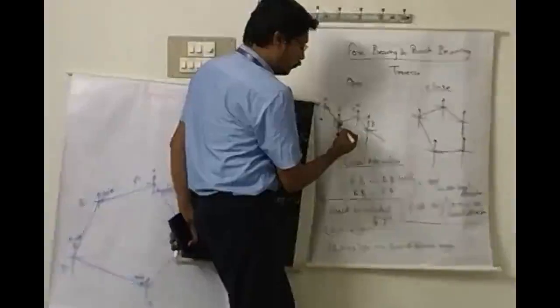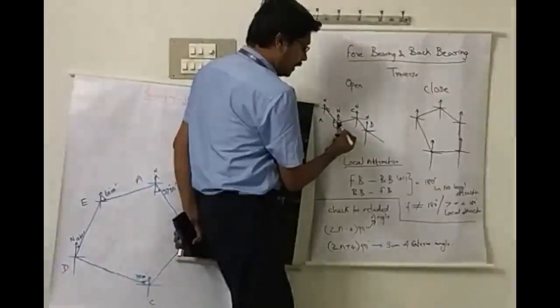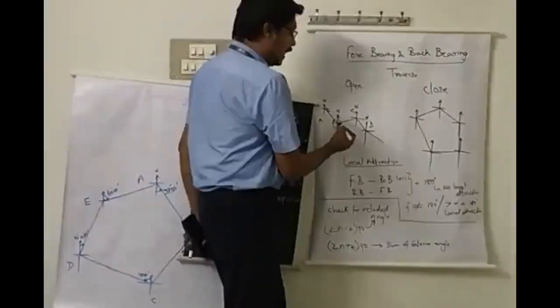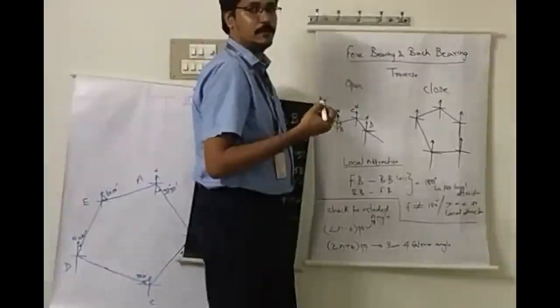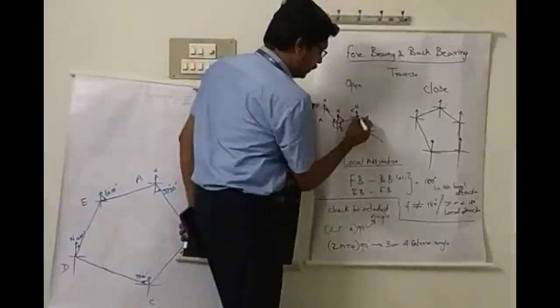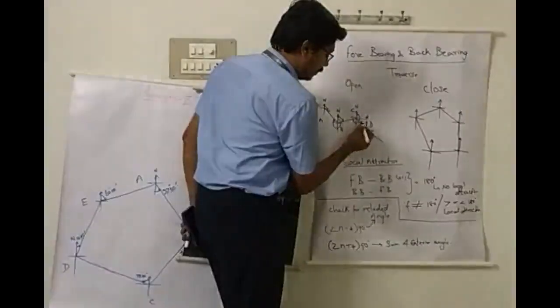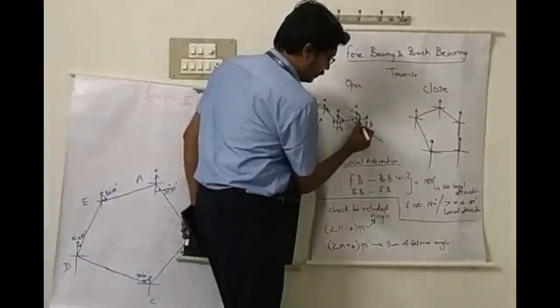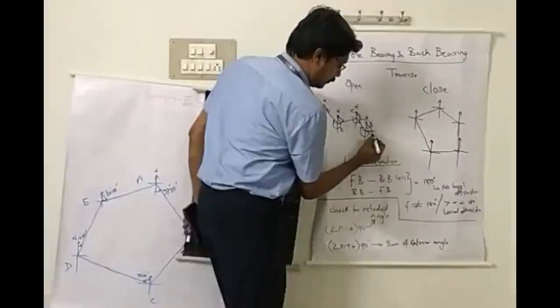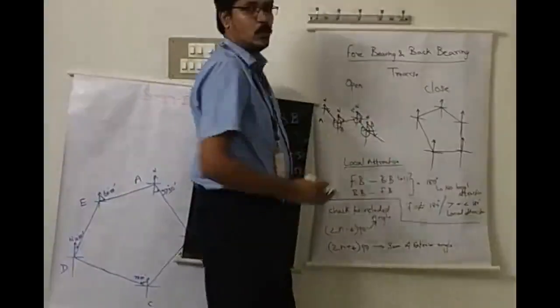So the forward bearing from B to C, again a forward bearing, will also be free from local attraction. Similarly, you will get the forward bearing, back bearing, forward bearing, back bearing, forward bearing.